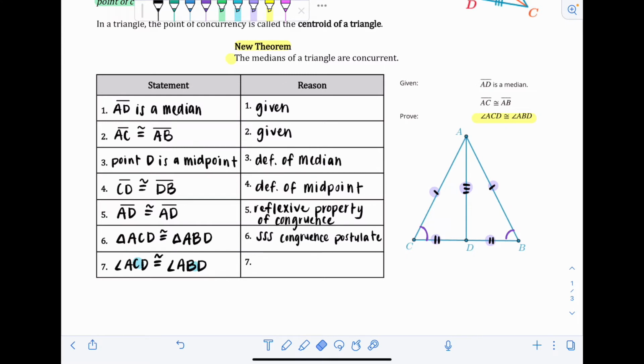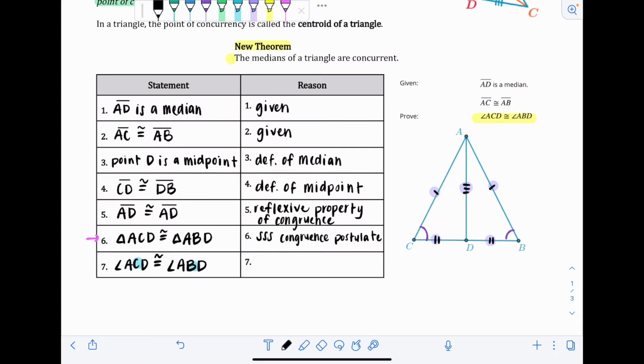And then our justification for this, you can shorten it if you want, but if we've shown that two triangles are congruent, that means that all of their corresponding parts are also congruent. So since we were able to accomplish 6, we can go ahead and say that any corresponding part that we need is congruent out of these two triangles.